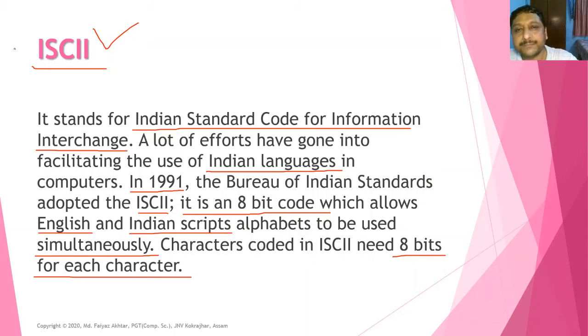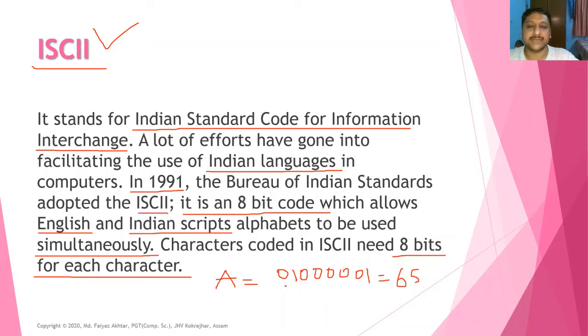Say for example, for the letter A, in ISCII 8 bits are required. Those bits are 0, 1, 0, 0, 0, 0, 0 and 1. Total 8 bits, which is equivalent to 65.